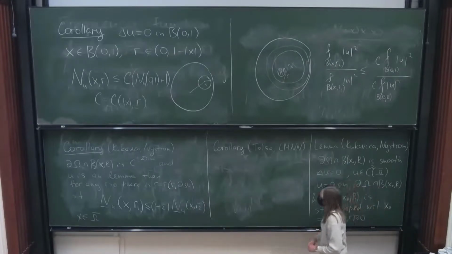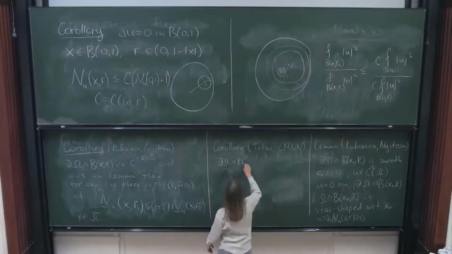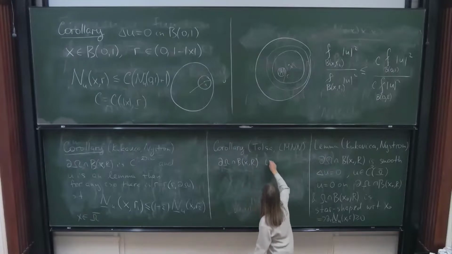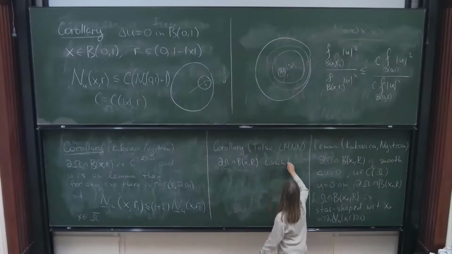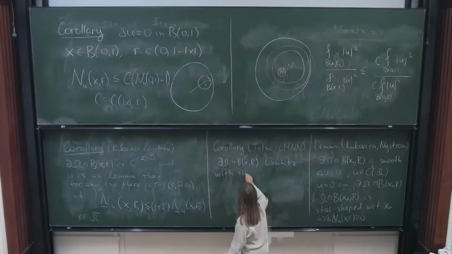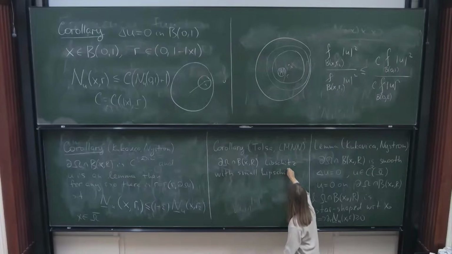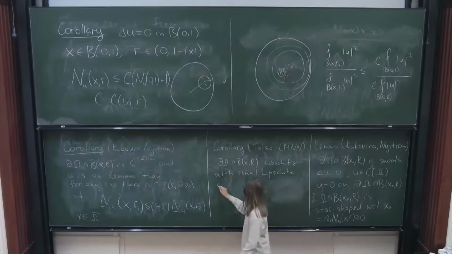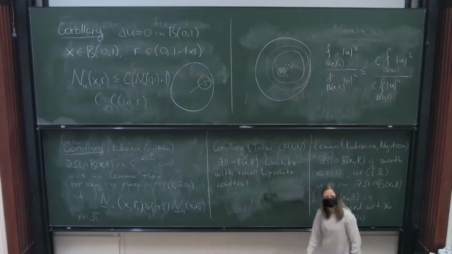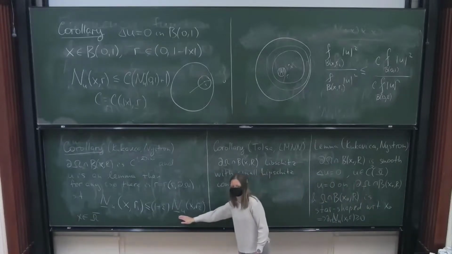Second, what we also know is that if your domain is Lipschitz with a small Lipschitz constant, then we get a bit weaker condition.